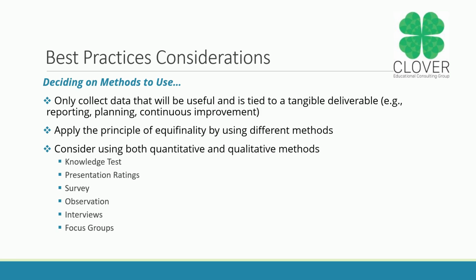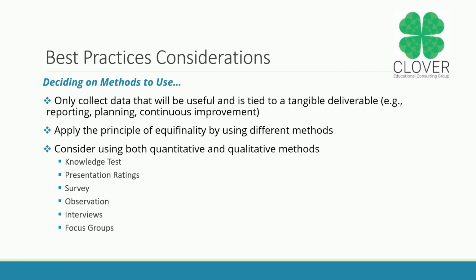So that's really important too with your methods, right? So if you're considering collecting focus group data, but you don't have anybody to analyze that and put it in a report or to share the findings, then it's not going to be a useful method to use, right?